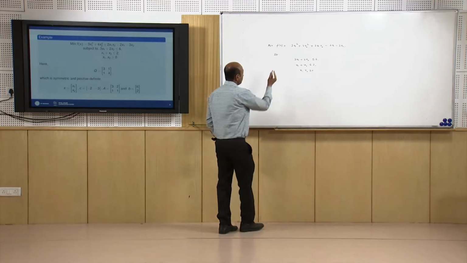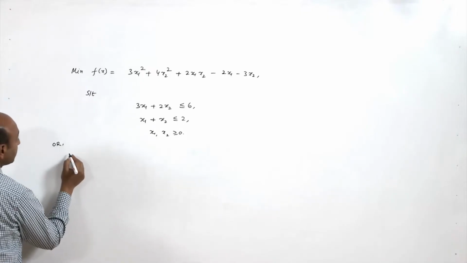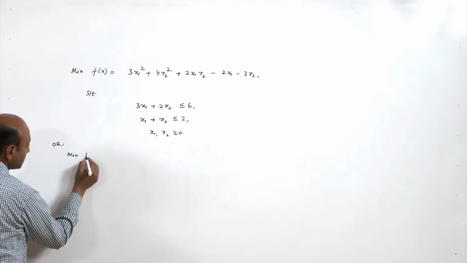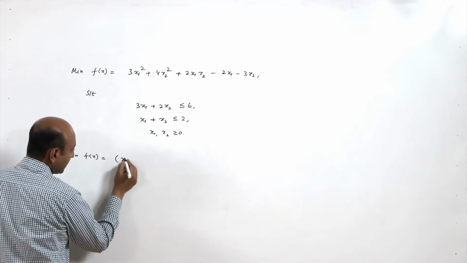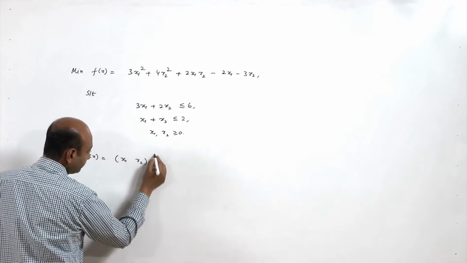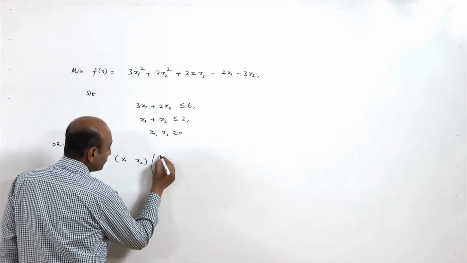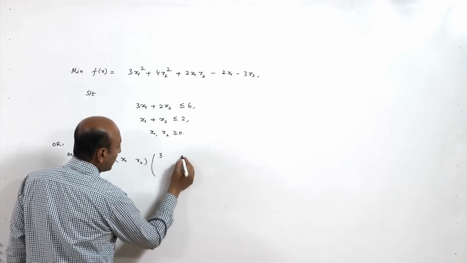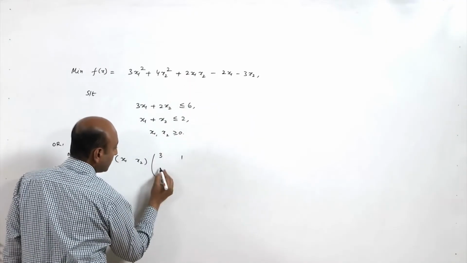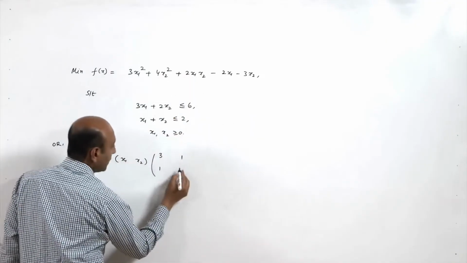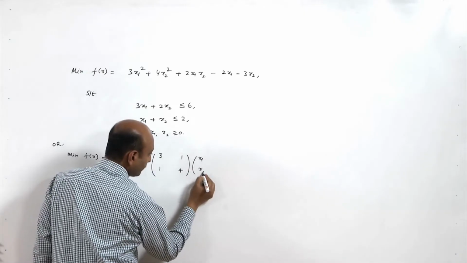Now, the objective function f(x) can be written as minimum of f(x) equals [x1 x2] times the matrix with 3, 1, 1, 4, where you take half of the coefficient of x1x2, times [x1 x2] transpose.